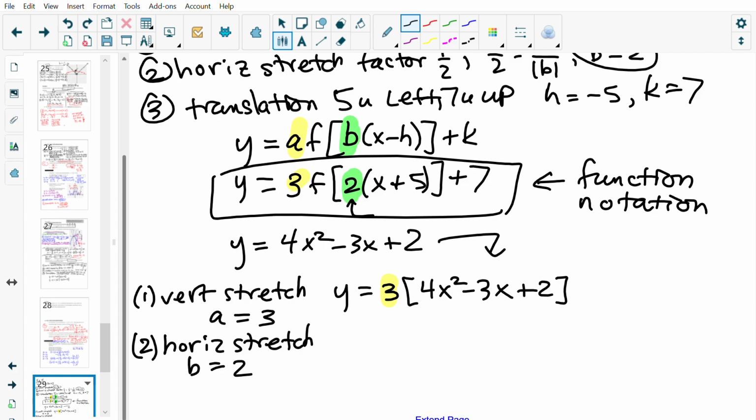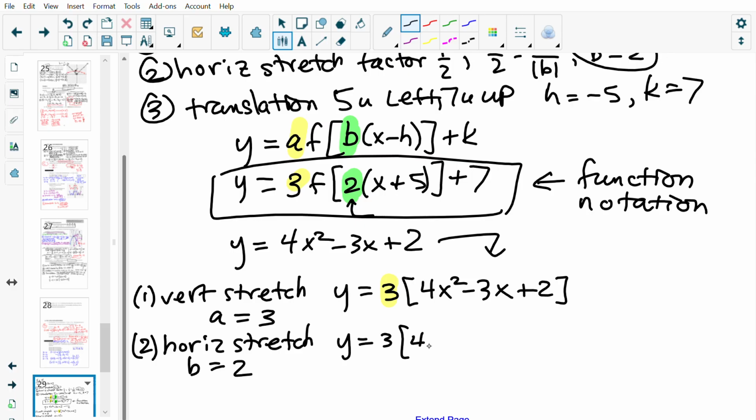You can give it a try. Pause it here, write it, see if you can put it where it is. So B value, right, is 2. Okay, and that's going to go on all the x's, right? So what does this look like?